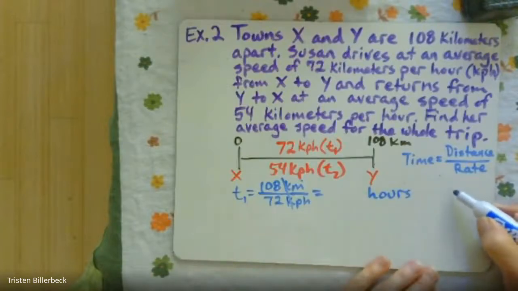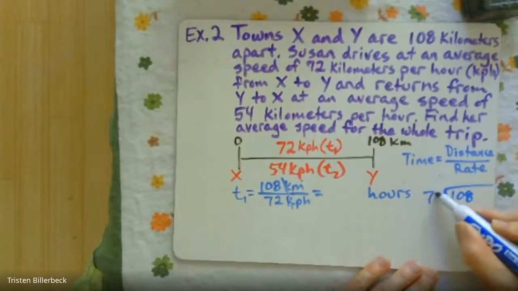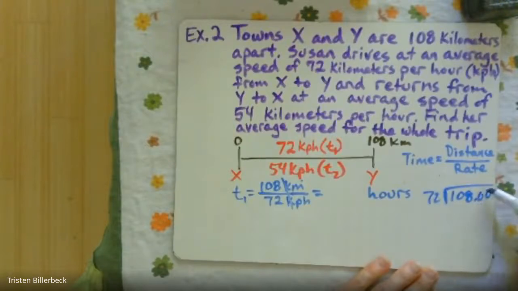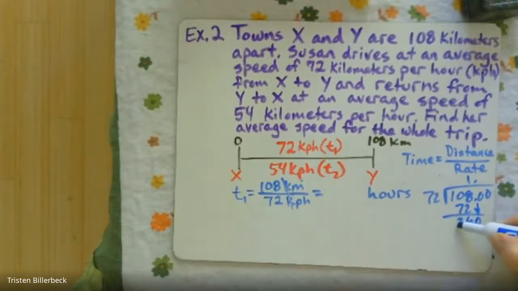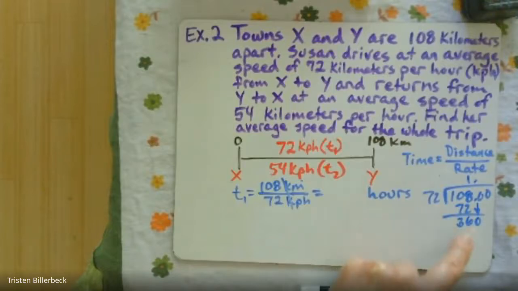So we need to divide 108 by 72. So we have 108 and 72, so that's 36. Drop that down. So if we round this to 7, we know that there's 5. 5 times 7 is 35.